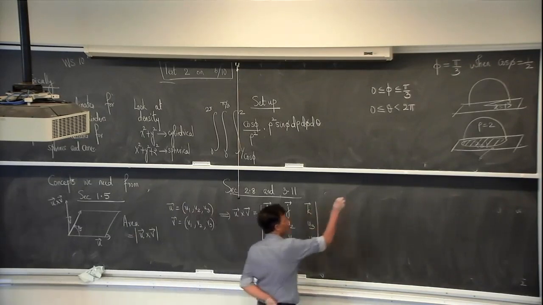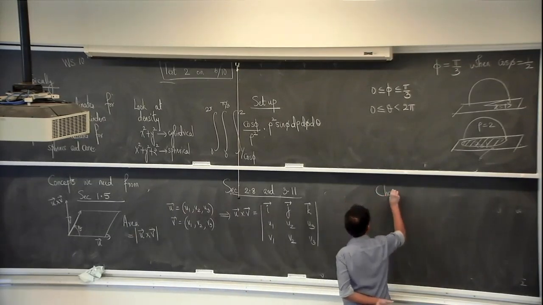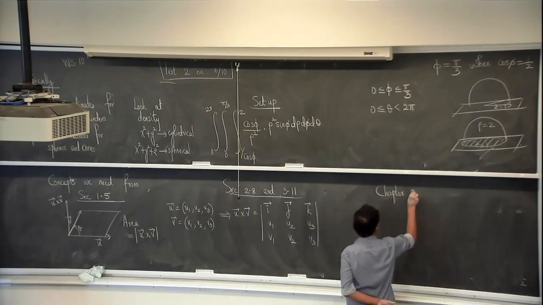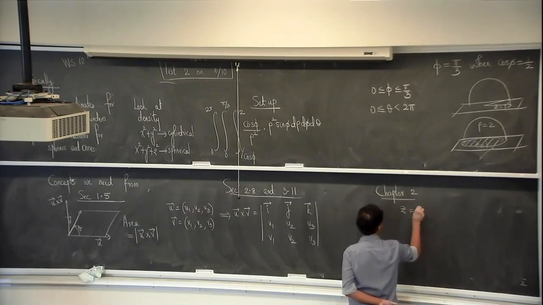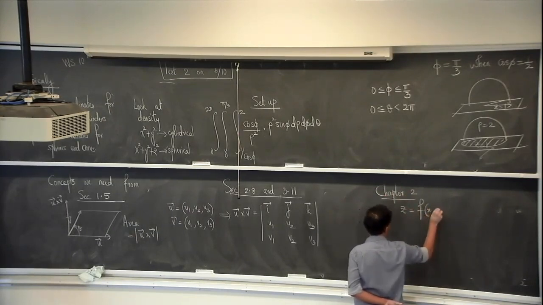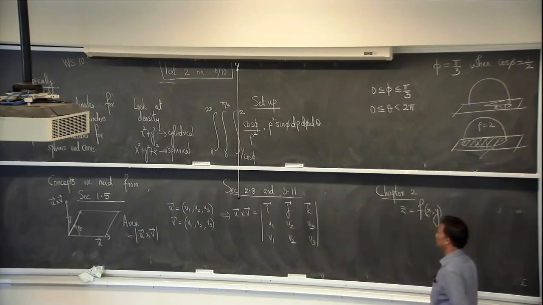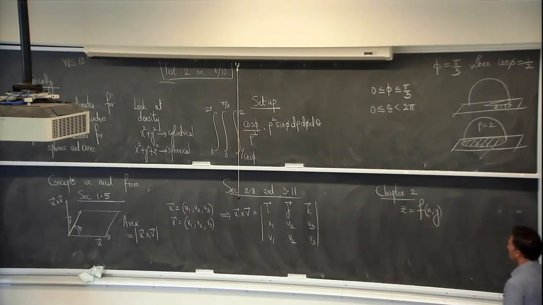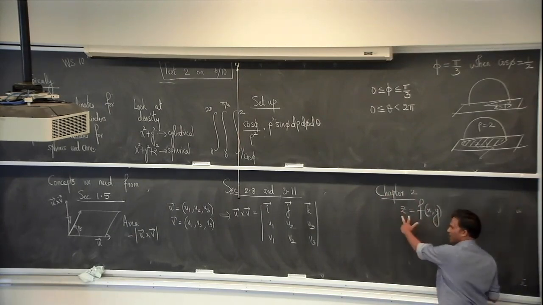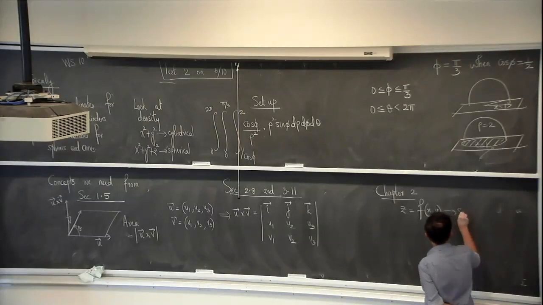In chapter 2, we looked at surfaces of this form, z equal to f of x, y. It's got 3 variables in it. Okay, so there are 2 independent variables, 1 dependent variable. That is what creates a surface in R3.